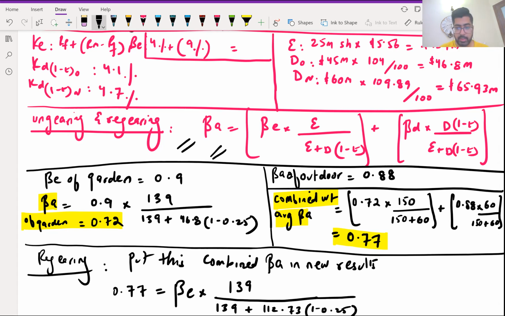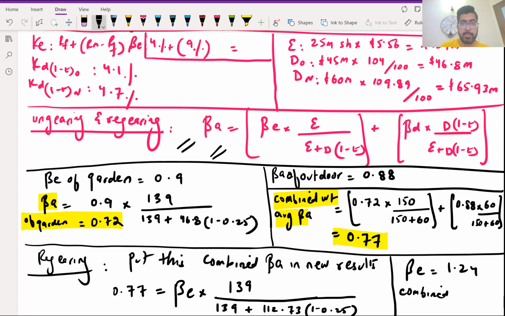If I solve this, I get beta equity as 1.24.